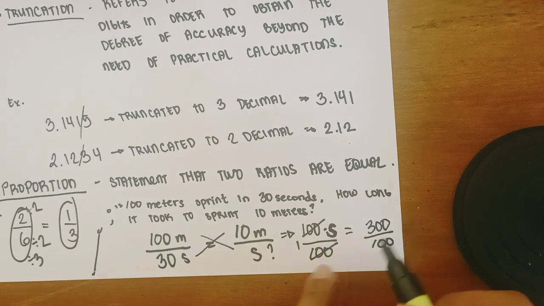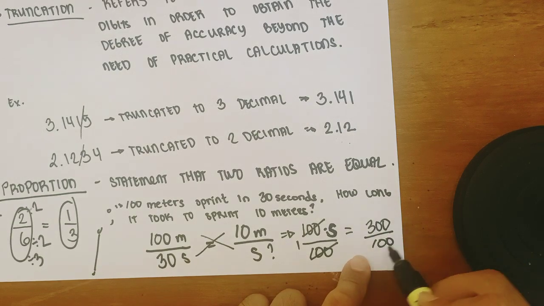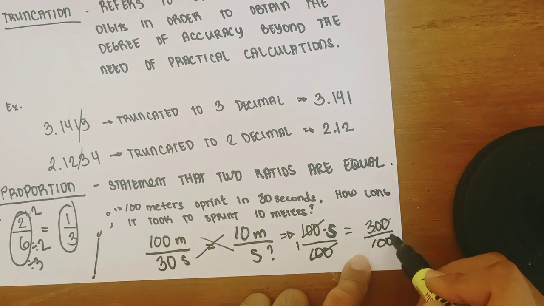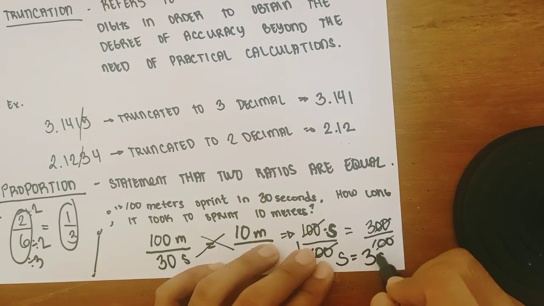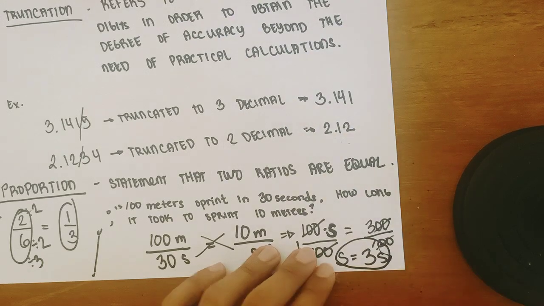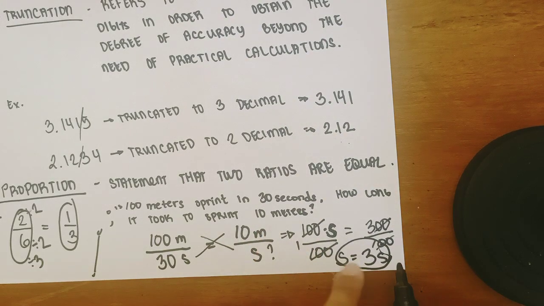So, 300 divided by 100. We cancel that. 3. So, it means 3 seconds. After 3 seconds, he had covered 10 meters. So, in 100 meters, 30 seconds.